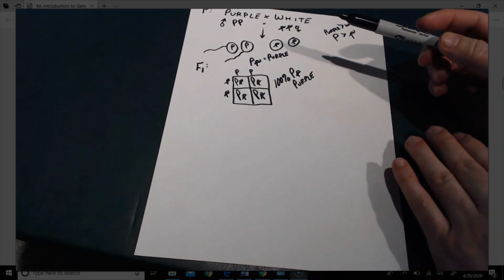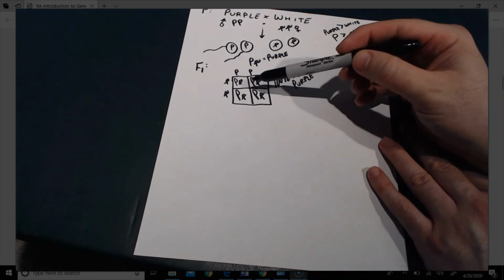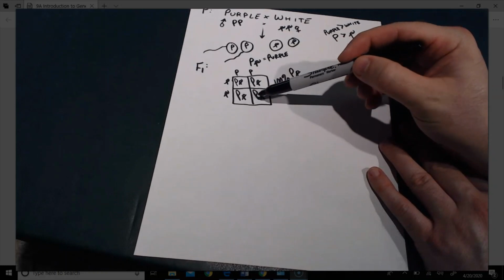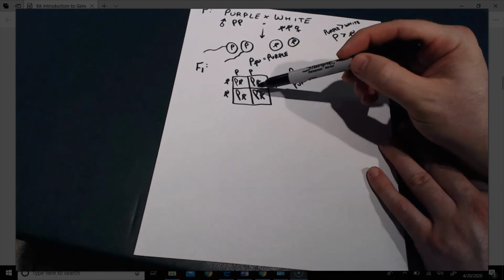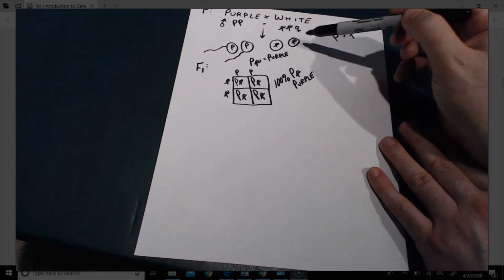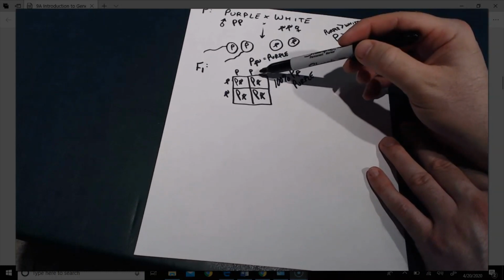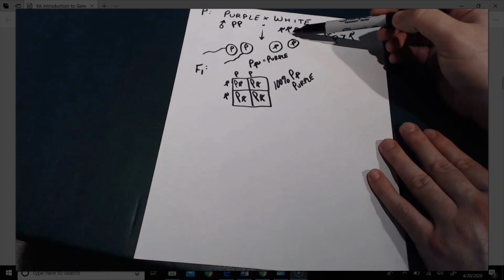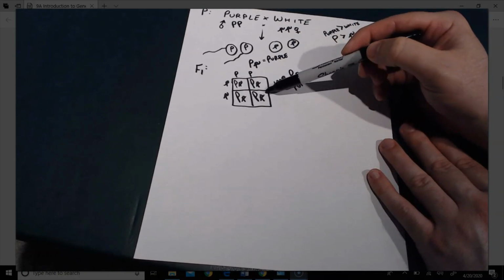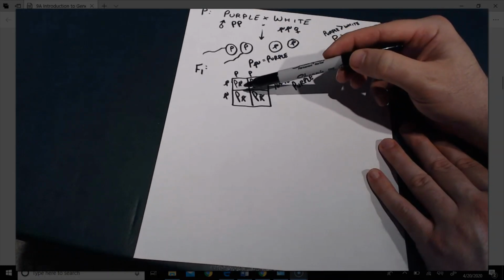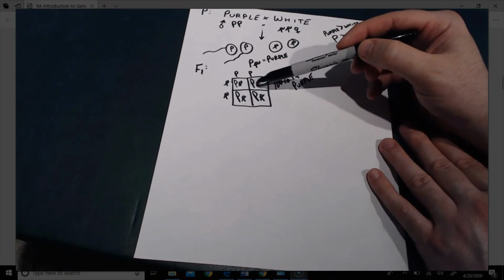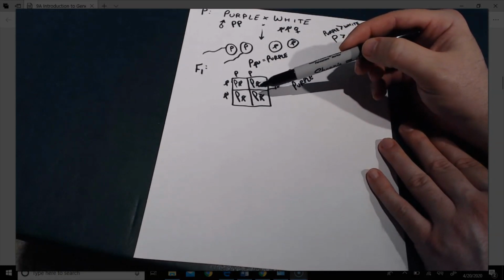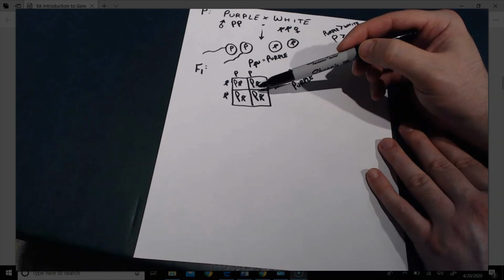Now I'm going to tell you something else here that'll help you a little bit. This does not mean that we just got 4 kids. We did not just get 4 kids from these parents here. What this means is that if this parent really did mate with this parent, these are the possible offspring that they could get. So it doesn't matter if they had 1 seed or if they had 5,000 seeds.